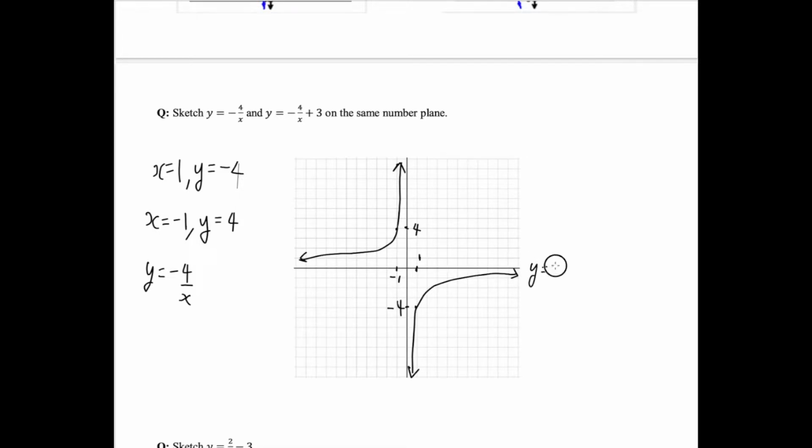Now the new horizontal asymptote will be shifted up 3 units, so it's going to be y equals 3. I'm going to draw a horizontal line, which should be around here. That should be the line y equals 3, that's the asymptote.